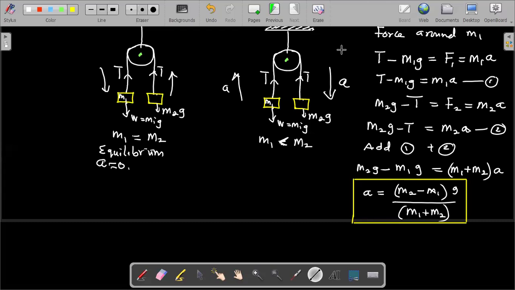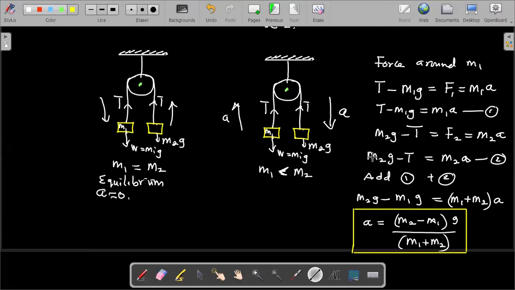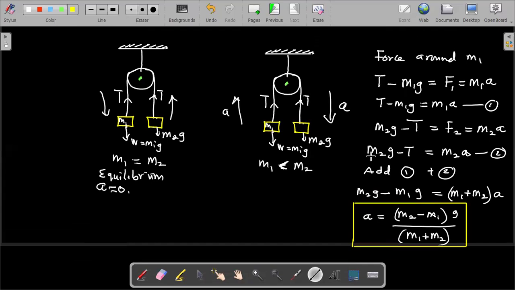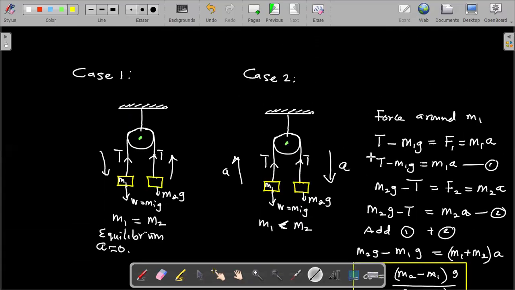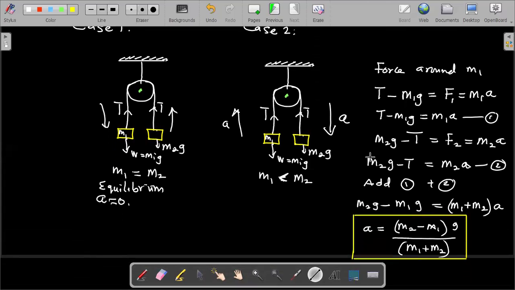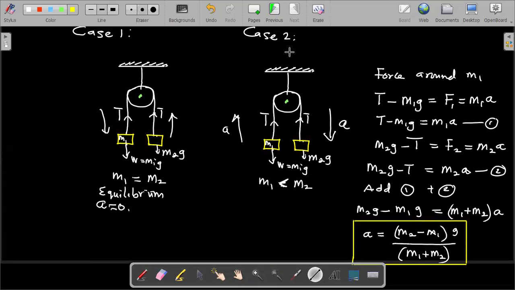With this, we can also quickly derive an expression for the corresponding tension that will be experienced. From either equation 1 or equation 2, let's go to a fresh page.